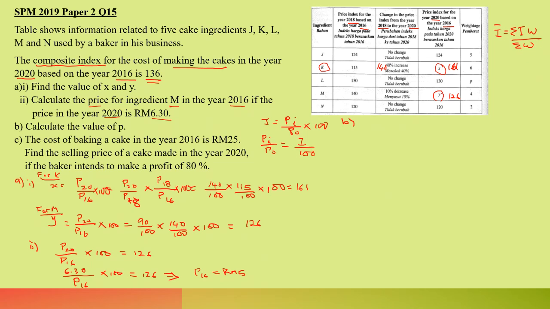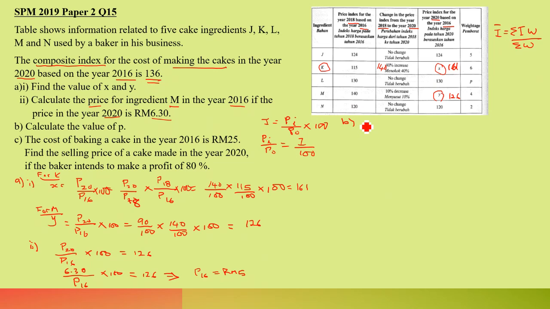So composite index here is given 2020 based on 2016. That is what this column represents. So what we have is each index multiplied with the weightage must equal your composite index. And what is your composite index? It is 136.